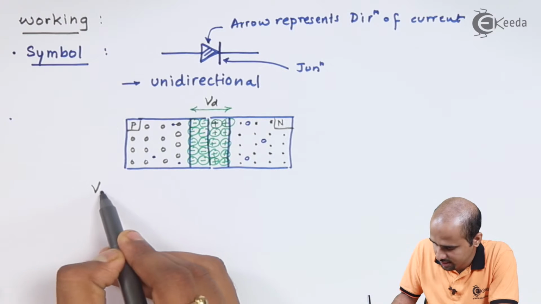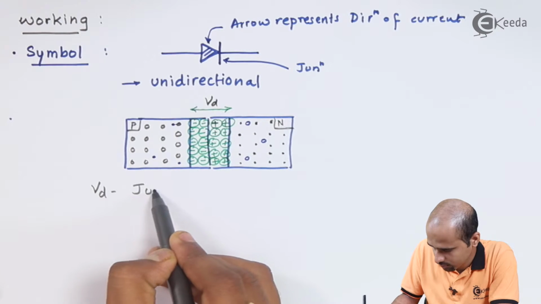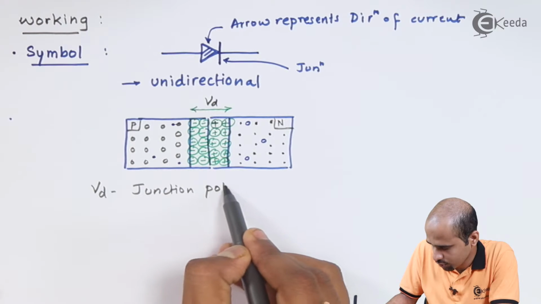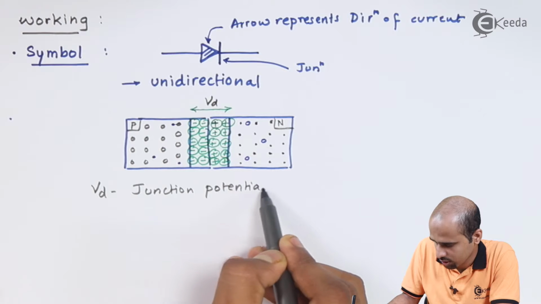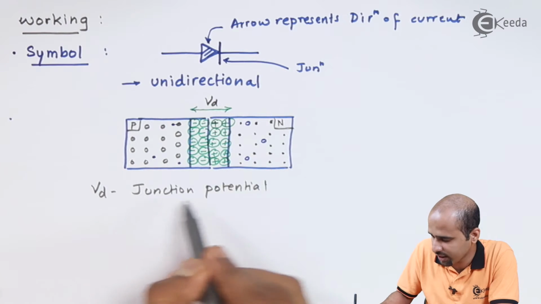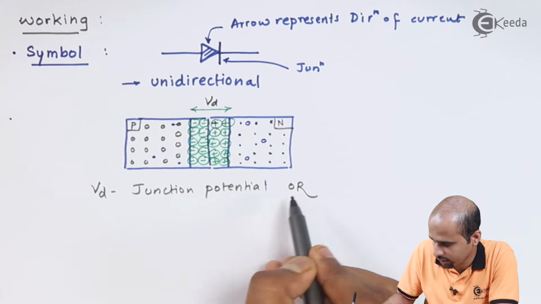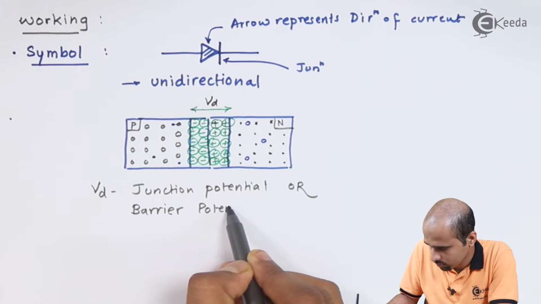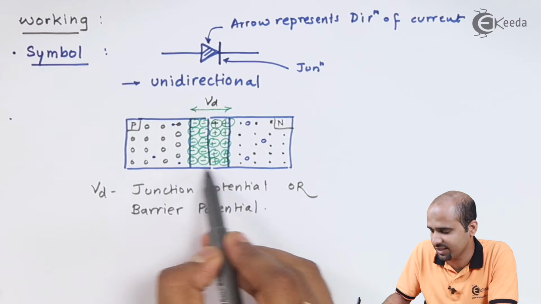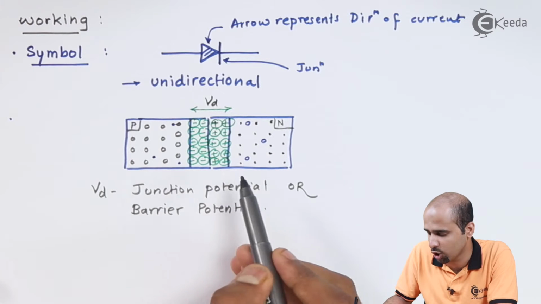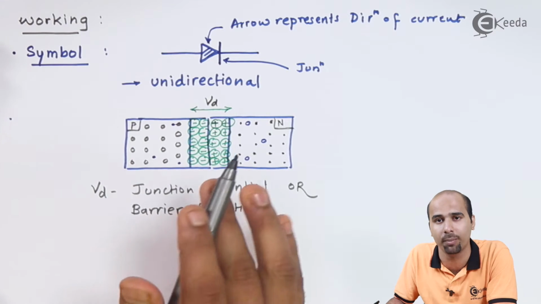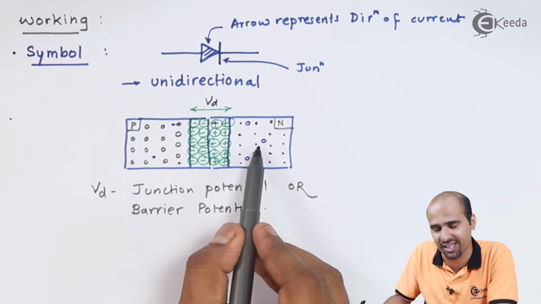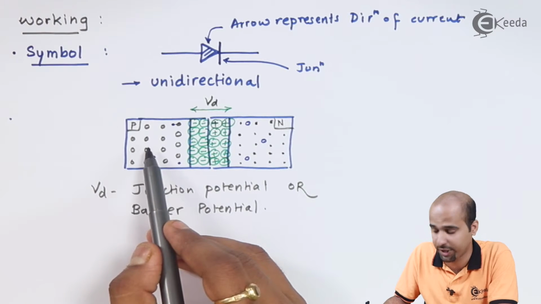VD is called the junction potential. This is also called the barrier potential, because if we have this kind of potential difference, then and only then is it possible to form a barrier between the electrons in the N type and holes in the P type.